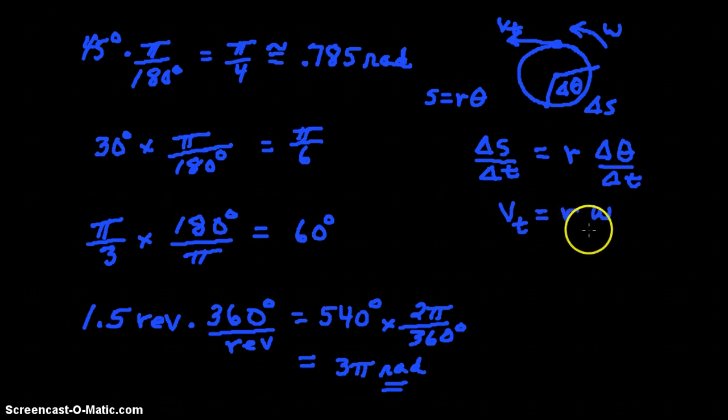And then you could carry this one step further. If this tire is speeding up and up and up, it's going to have a change in velocity over a change in time.